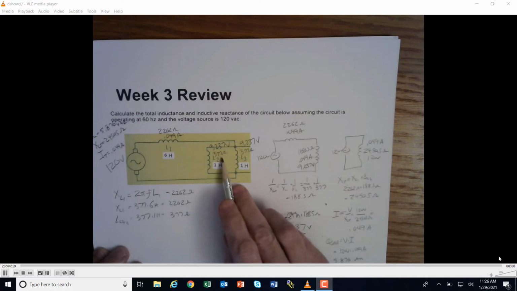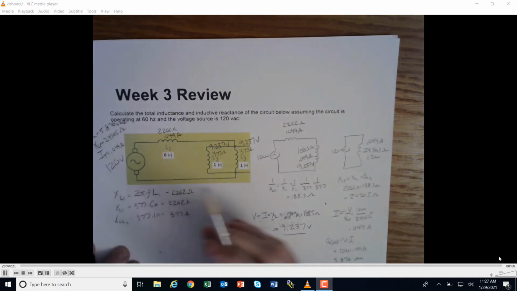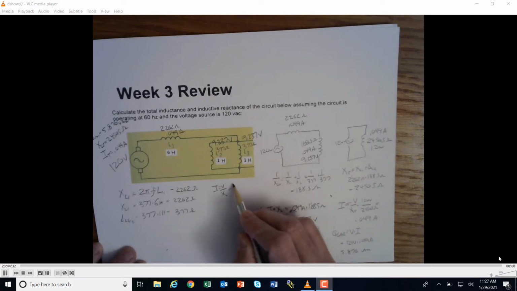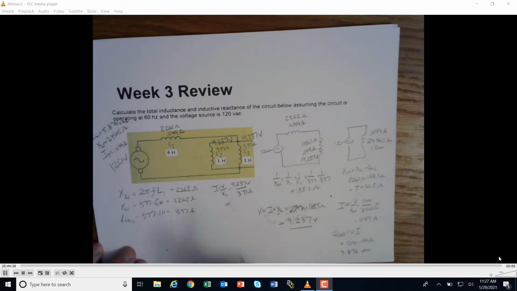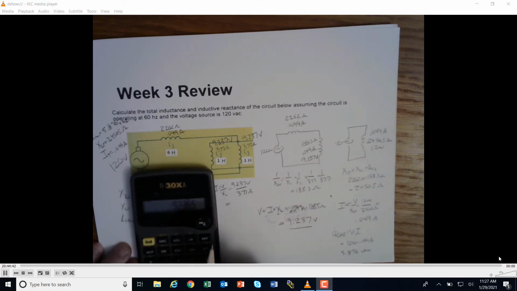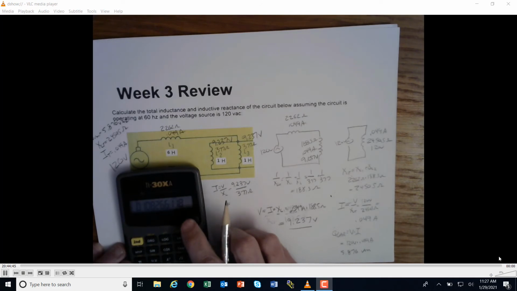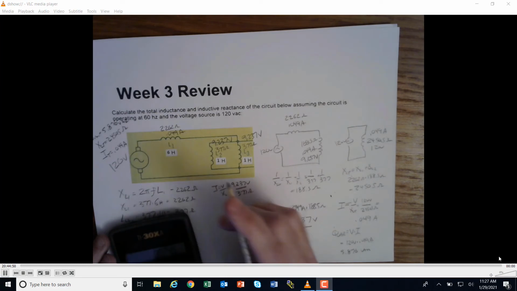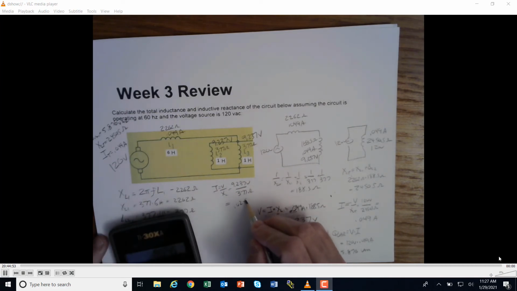Okay, now I can get these right here. I equals V over R, but we're not necessarily doing that. We're using reactance. I equals V over XL, which is going to be 9.237 volts over 377 ohms, and that is going to be 0.0245 amps.